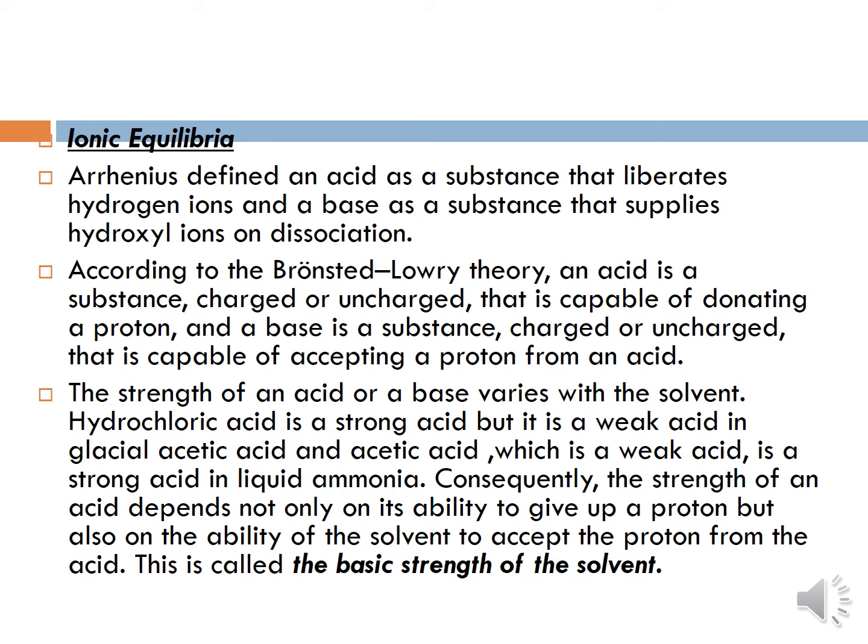The strength of an acid depends not only on the ability to give a proton but also on the ability of the solvent to accept the proton from this acid. This is called the basic strength of the solvent.